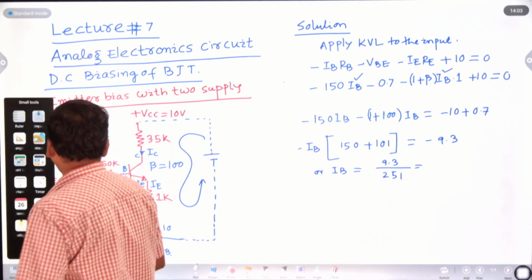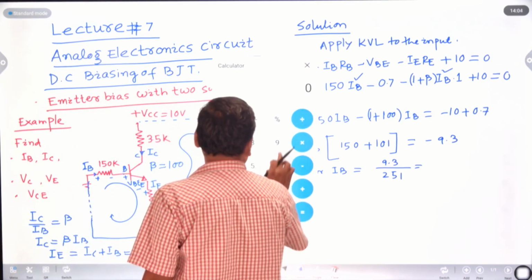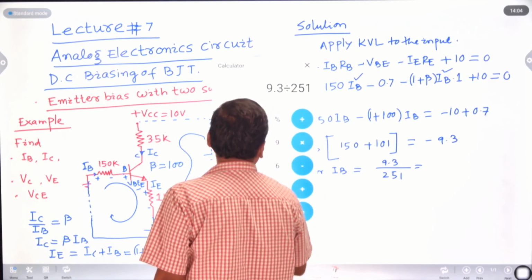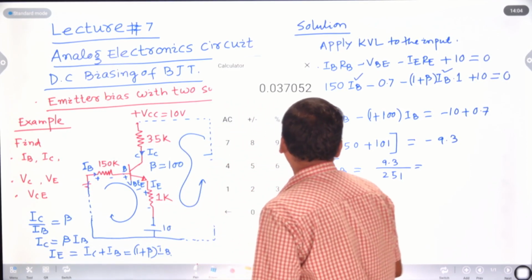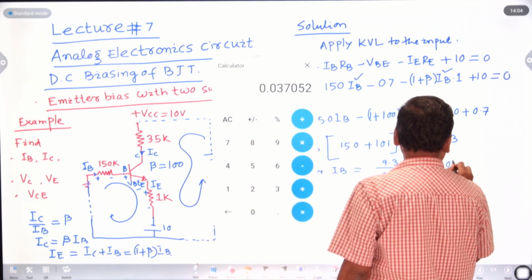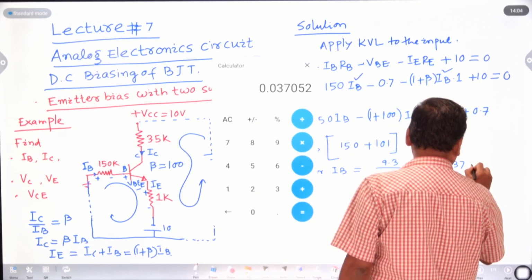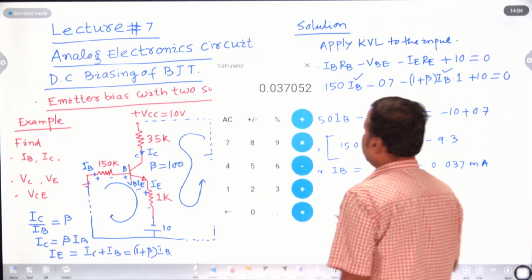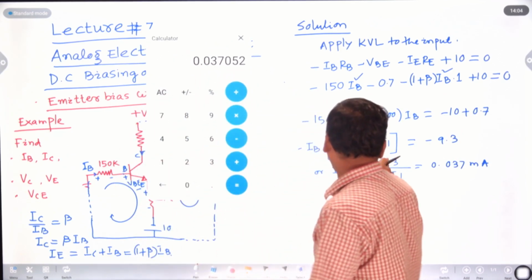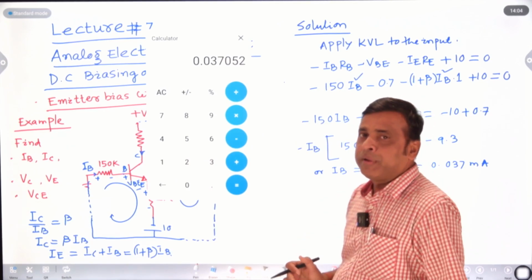Using a calculator, 9.3 divided by 251 is 0.037. In what unit? Milliampere, because the denominator side is 251 kilo ohm, and 1 by kilo is nothing but milli.